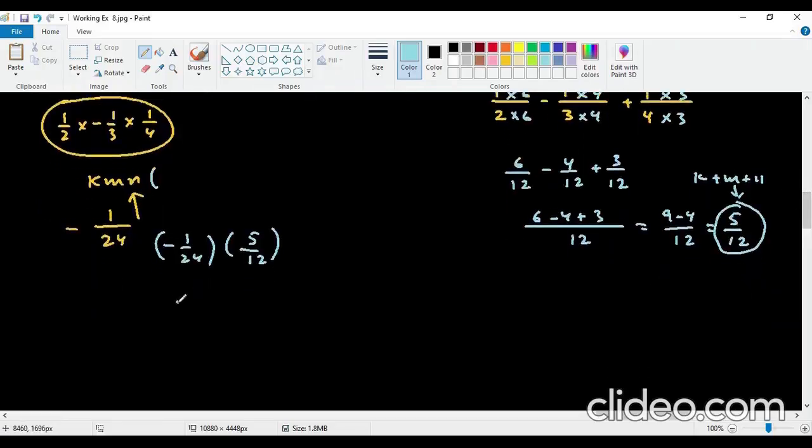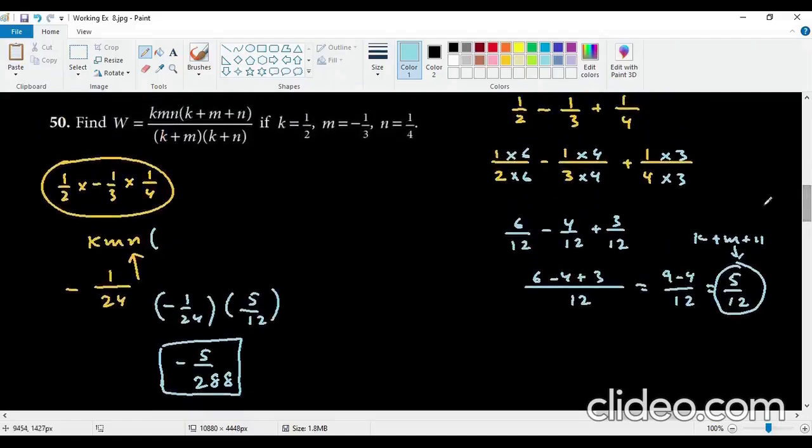So when I multiply this, I get minus 5 over 12 times 24, which is going to give us 288. Now keep this in mind. This is the numerator of the question given. This is the value of kmn multiplied by k plus m plus n. And this is the numerator part.